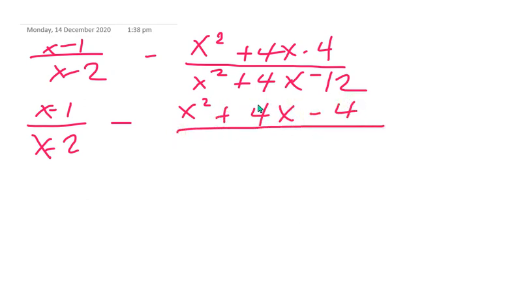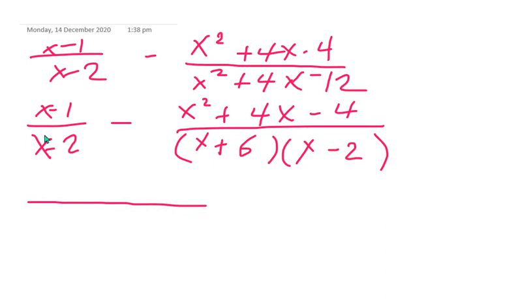Okay, here we're going to factor. So we have x, so this is 12, this is 6 and 2, okay? Since this is positive, this is now your positive, this is negative. And then, to find the LCD, we have x minus 2, the same, one pair, and we have x plus 6.